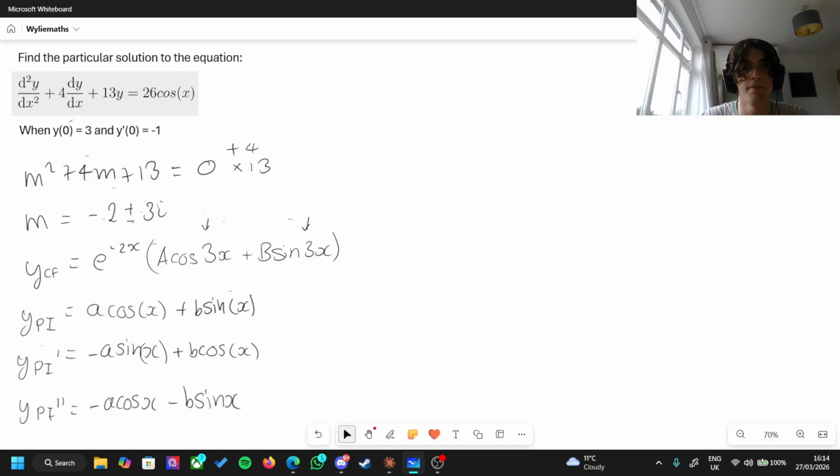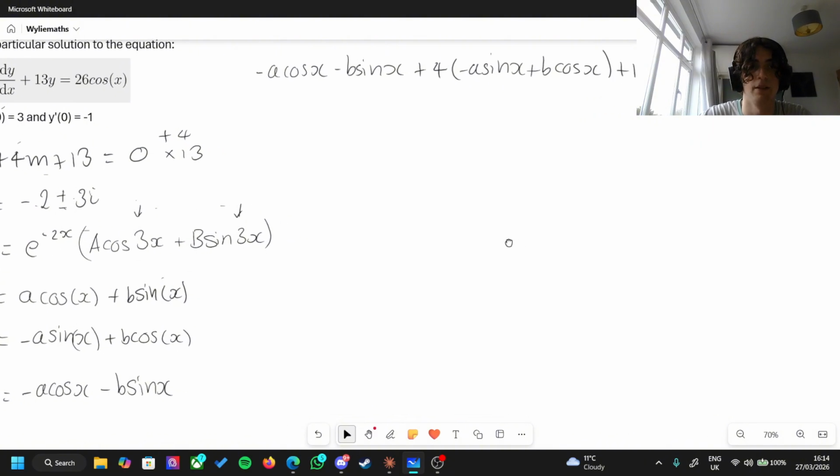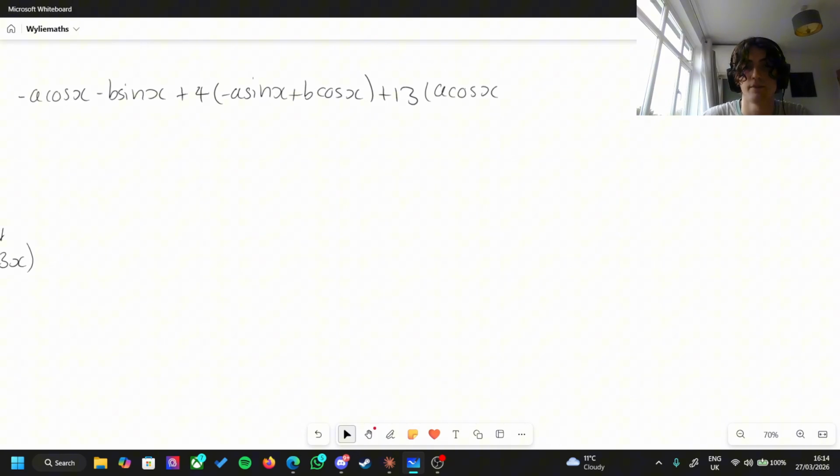for a and b. So substituting that in, we get minus a cos x minus b sine x plus 4 of minus a sine x plus b cos x plus 13 of a cos x plus b sine x is equal to 26 cos x.